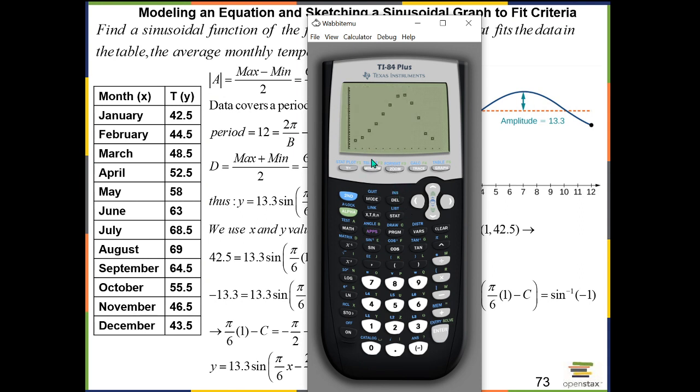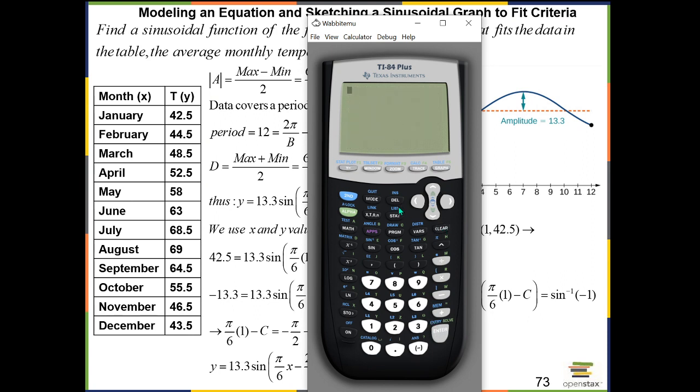You see? Now, calculator can find a function for you that goes through these points, and this is a sinusoidal function. The way it works is you go to Stat, Calculate, and then you go to almost the last one, which is called sinusoidal regression. You take that one.